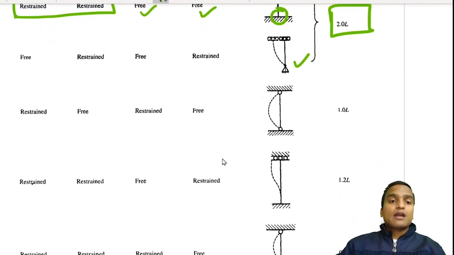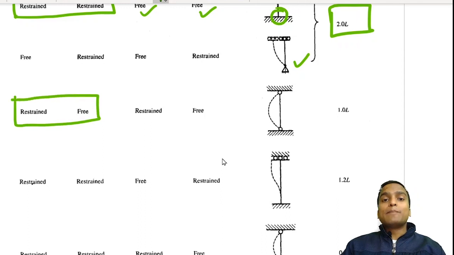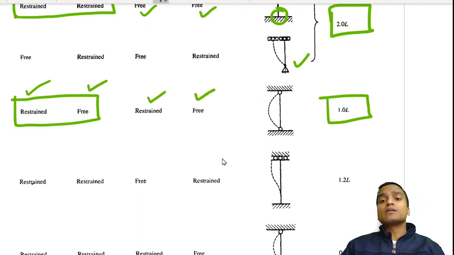Now if at one end there is a pinned support, that means at a pinned support translation is restrained but rotation is free. Similarly at the second end also there is a pinned end. In that case we have to take effective length equal to 1 times the actual length, which is equal to the actual length only.